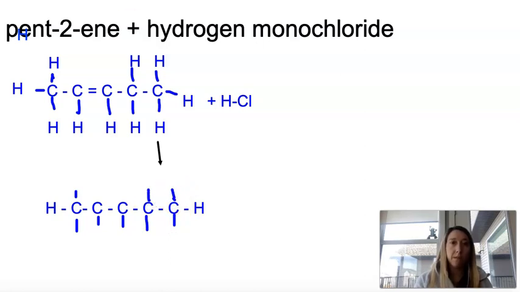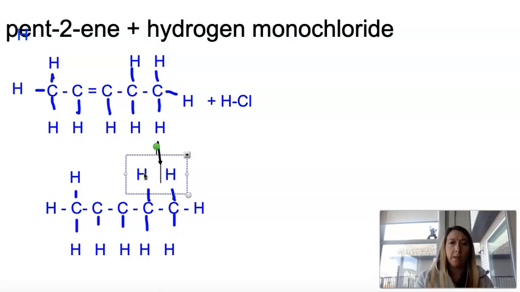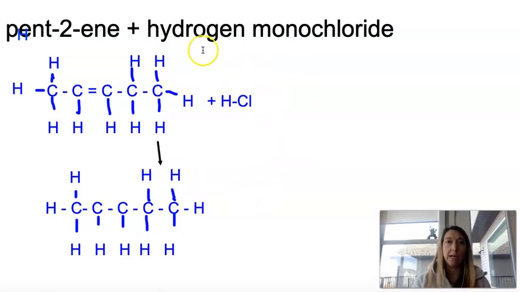We get there slowly. Okay, so once we get all our H's in, then what we are going to do is we're going to take care of this HCl, right?